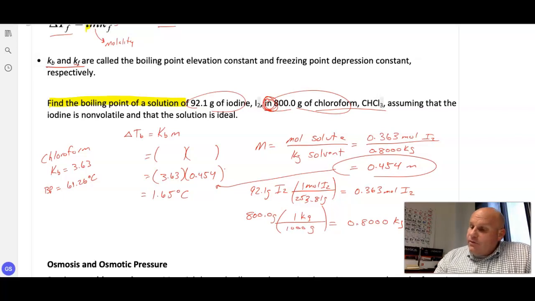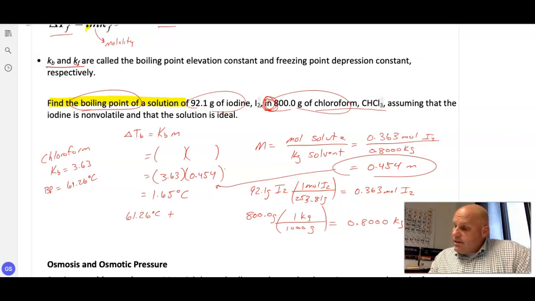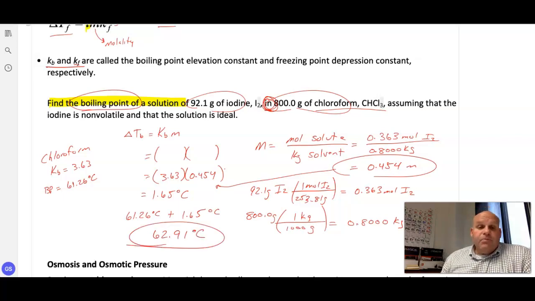But since it's asking for the boiling point, I need to take the 61.26 degrees Celsius, add that change because it's boiling point elevation, 1.65 degrees Celsius, and I get a new boiling point of 62.91 degrees Celsius. Again, if this were a freezing point problem, I would be subtracting the change from the normal freezing point of the solvent because it's freezing point depression.